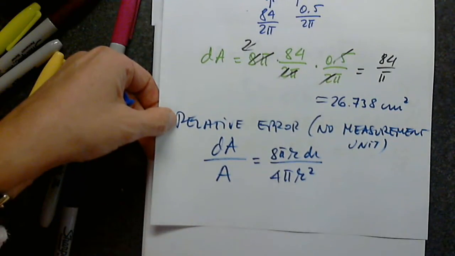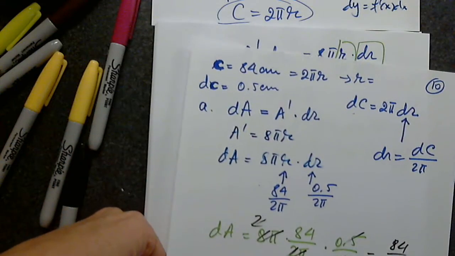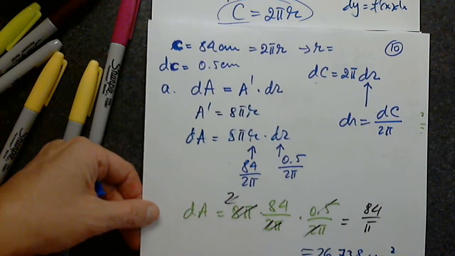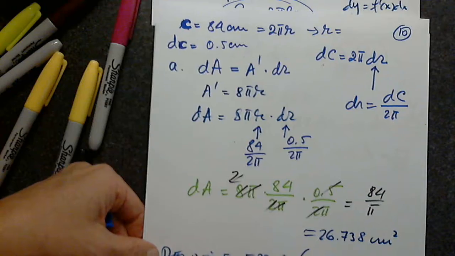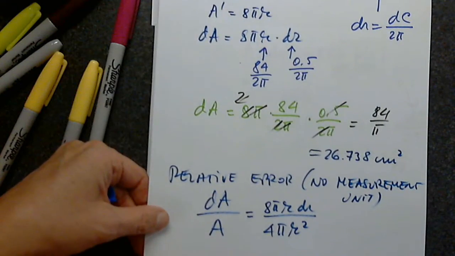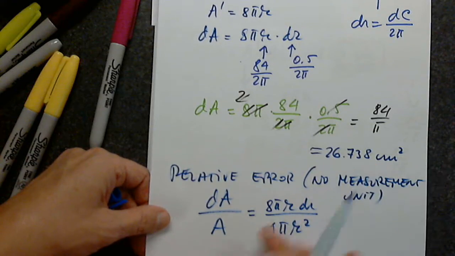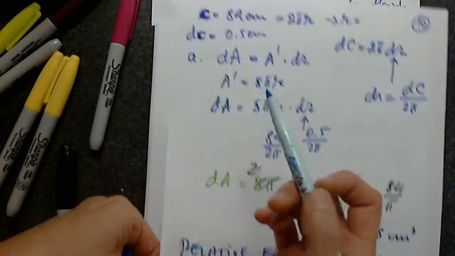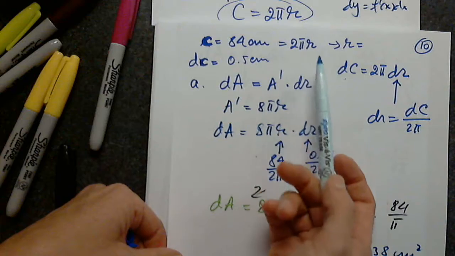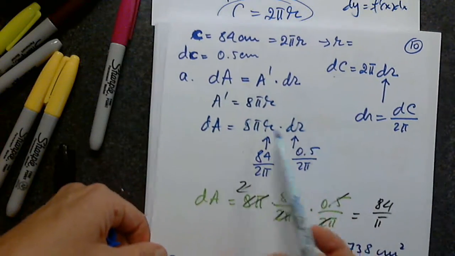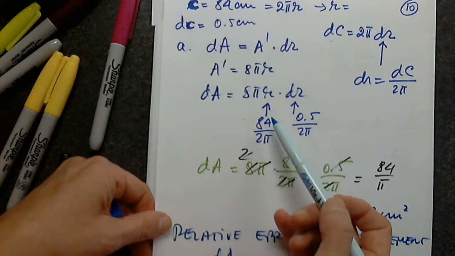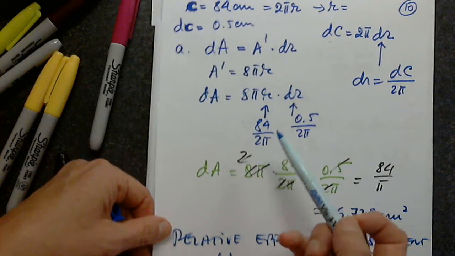We already knew what 8 pi r dr is, 26.738, isn't it? Yes, but I would like to see the ratio. But yes, we can simply divide this by the area, plugging in the radius. Where is my radius? It is here, 84 divided by 2 pi.